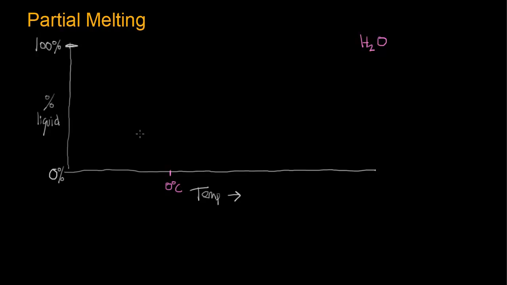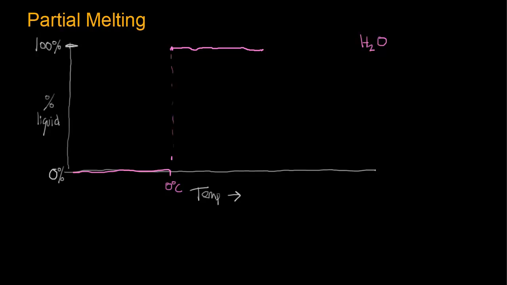So if I start at a temperature lower than that, and I slowly raise the temperature, what this graph will look like is this. It'll climb up towards its melting temperature, and then at its melting temperature, it will instantly melt. So at a single temperature, it will melt, and then at all higher temperatures, it will exist in the liquid state. And that's the way familiar, simple chemical substances melt.